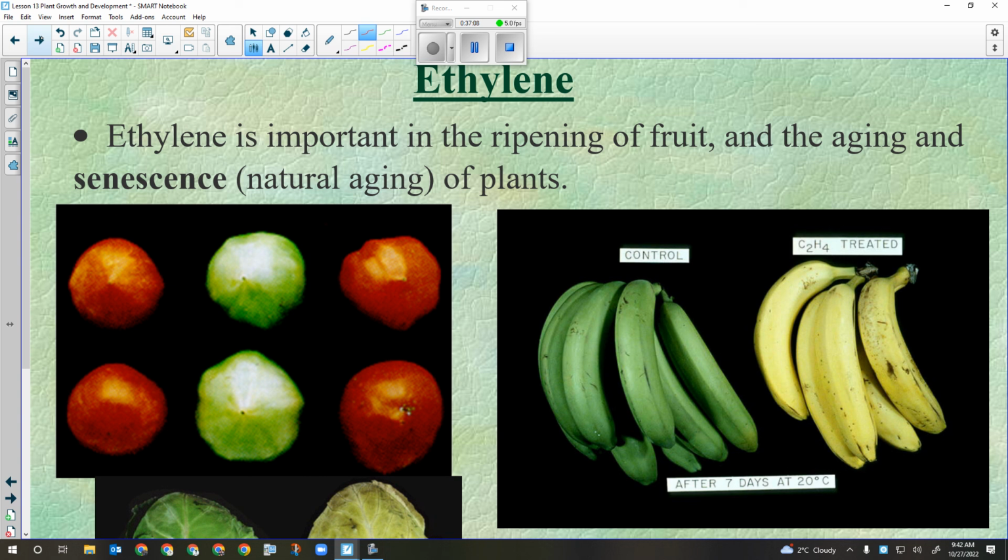So, what's the purpose of fruit? Why do some plants produce it? Fruit is there to encourage seeds to grow in one of two ways.